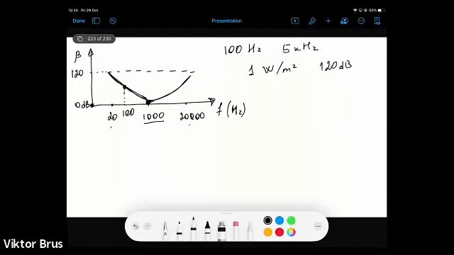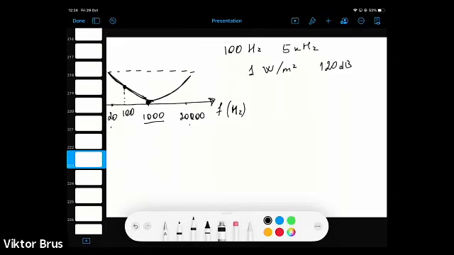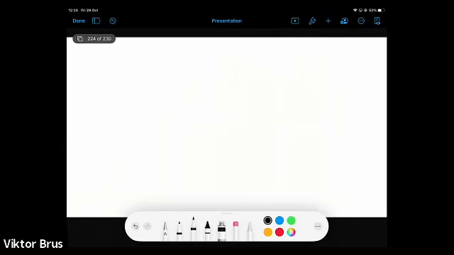Okay, at this point we can stop discussing the intensity or sound level and switch to such an interesting effect as the Doppler effect. Let's say we have some one-dimensional case.